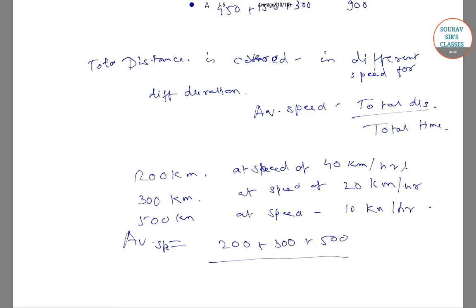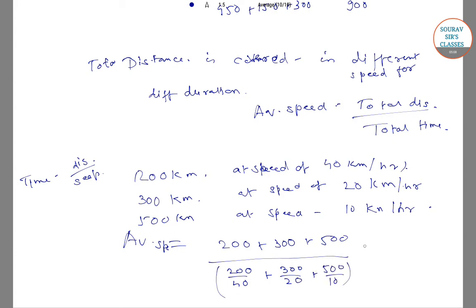Now time is distance by speed. So the time would be 200 by 40 plus 300 by 20 plus 500 by 10.